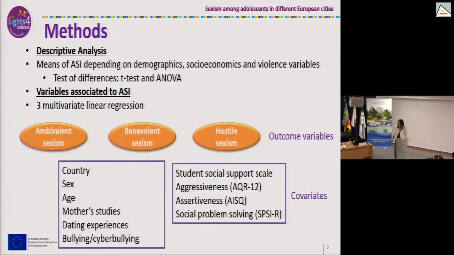In order to analyze the variables associated to sexism, we performed 3 linear regression models with 3 outcomes: ambivalent or total scale, benevolent, and hostile. The covariates were country, sex, age, mother studies, dating violence experiences, bullying and cyberbullying behavior, student social support, aggressiveness, assertiveness, and social problem solving.